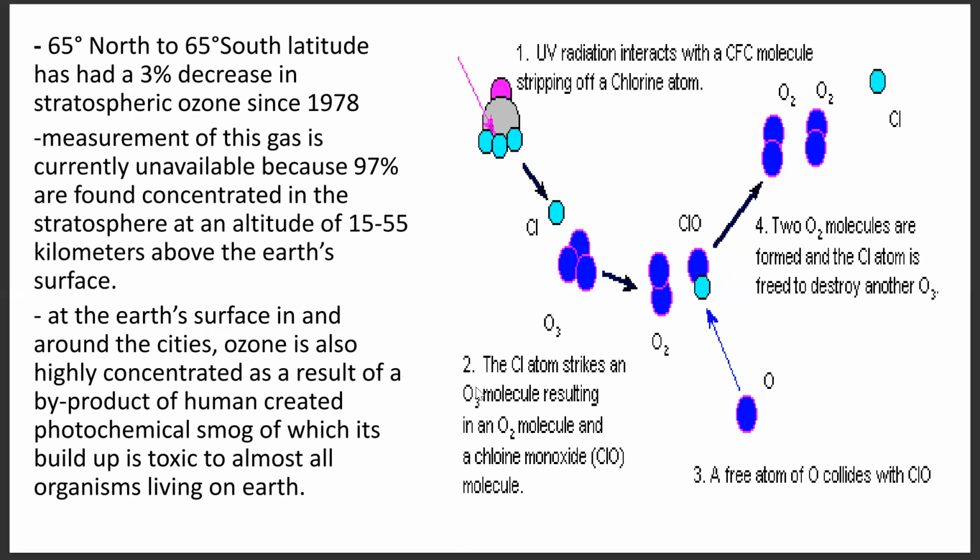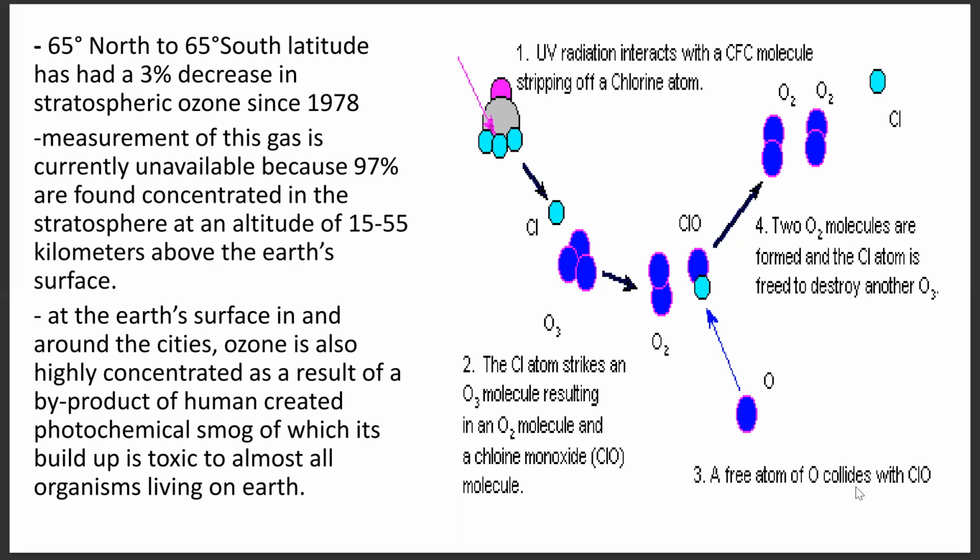The chlorine atom strikes an ozone molecule, resulting in an oxygen molecule and a chlorine monoxide. So you can see here, we split the molecule of ozone and we have oxygen gas and also our chlorine monoxide, ClO.